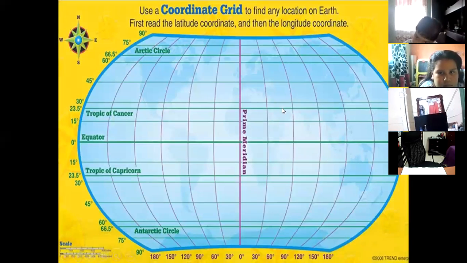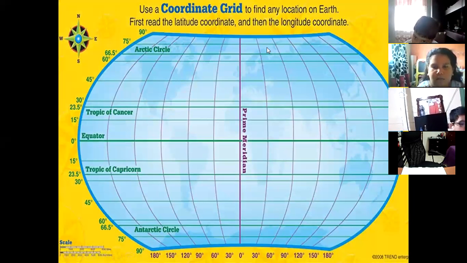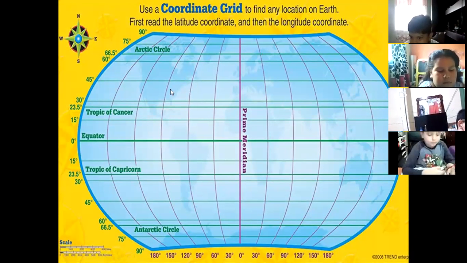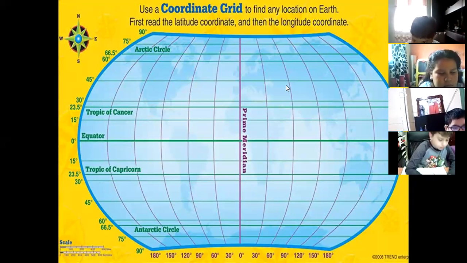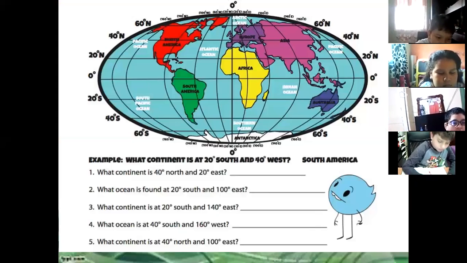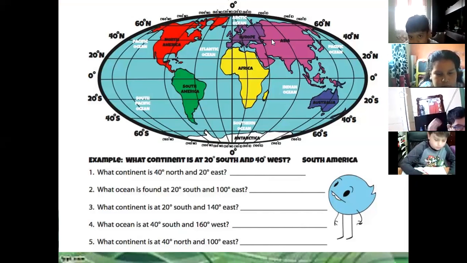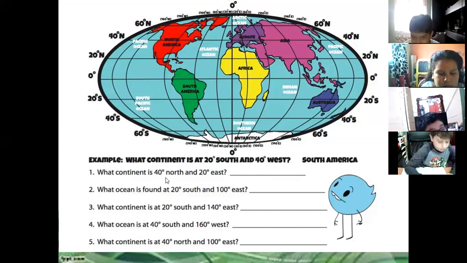So now, look at this. To find locations, as I say, you have to read the latitude first and then the longitude. I have an example here. We need to copy. Now, what continent is at 40 degrees north?